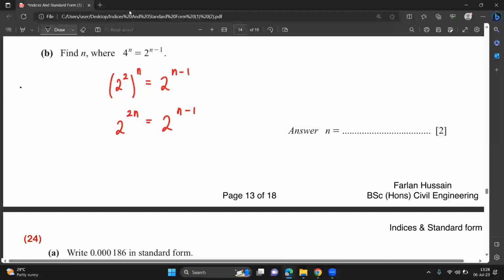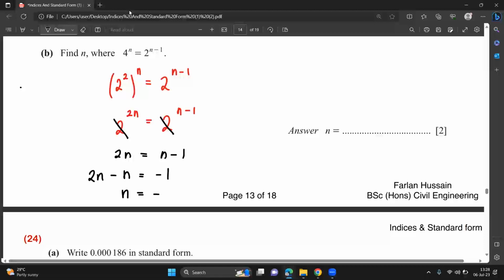Okay. Since the bases are the same, you can cancel it off. 2n equals n minus 1. Now you all learned algebra already, right? Tell me what should you do? Take all the letters to one side, all the numbers to one side. So let's bring the n here. If you bring the n to this side, what happens to the sign? Very good. Minus n equals minus 1.